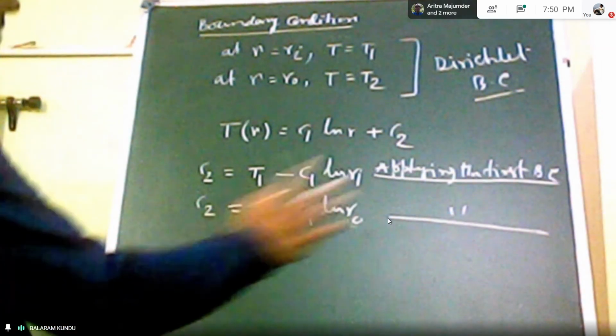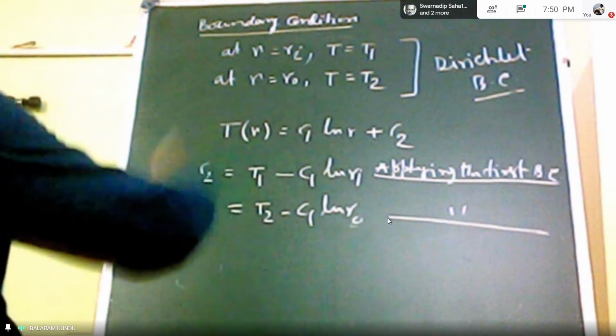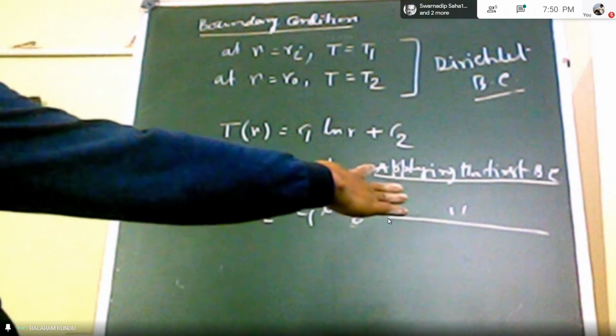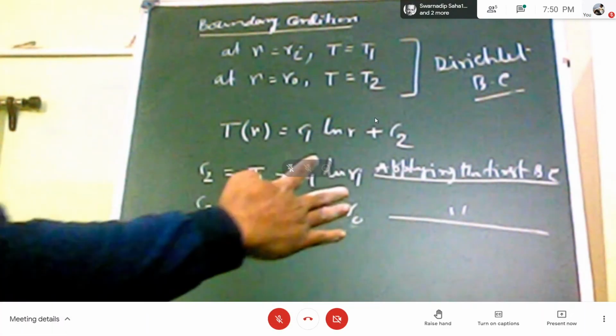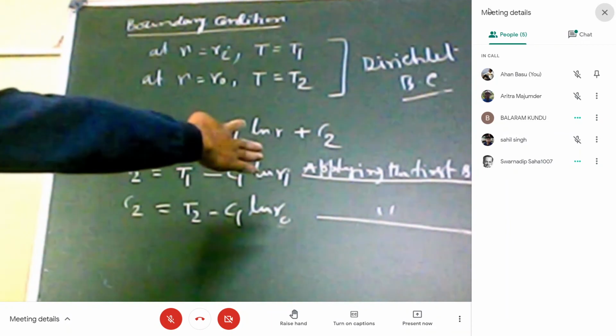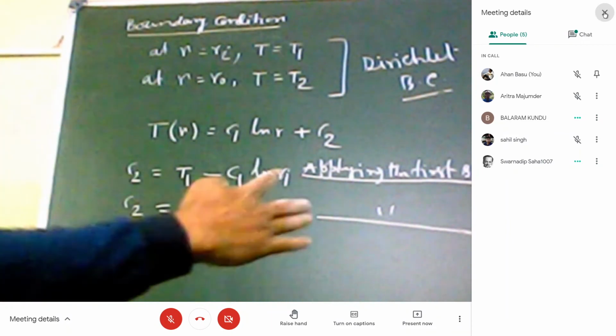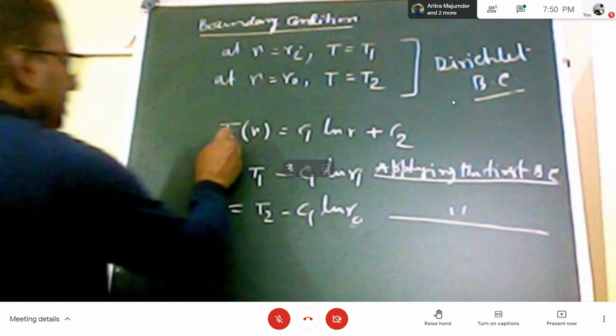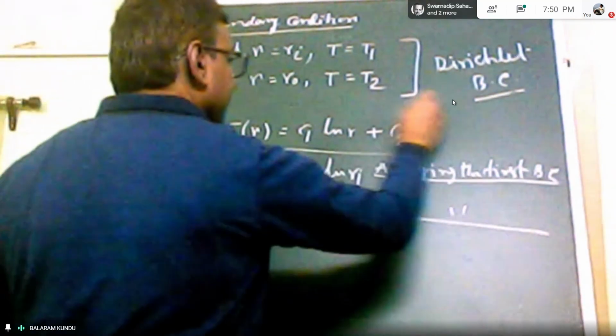If C1 is known, then we can get C2 easily. So C1 and C2 will be known, and your temperature expression is this.